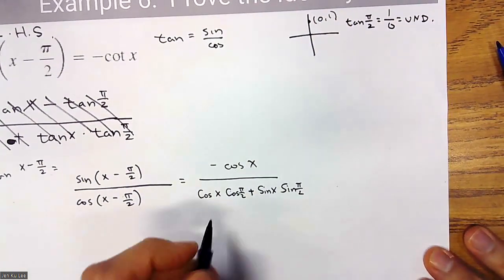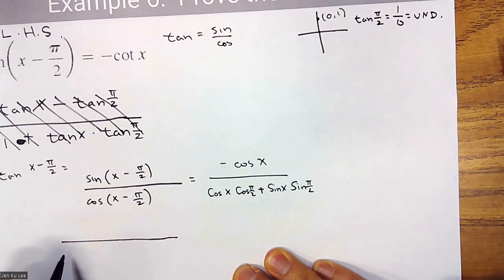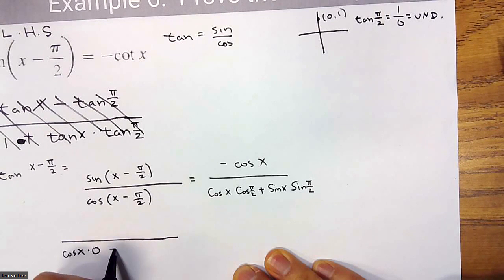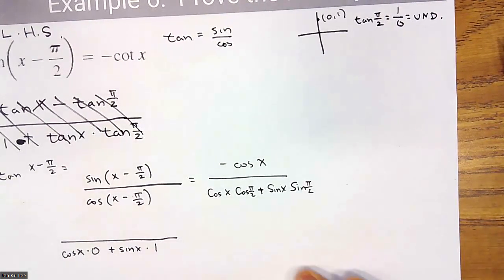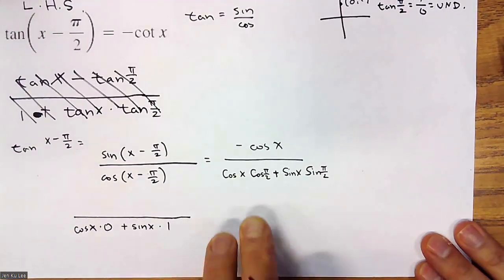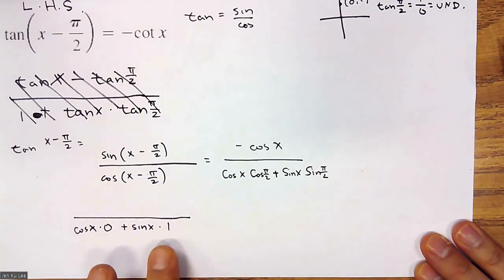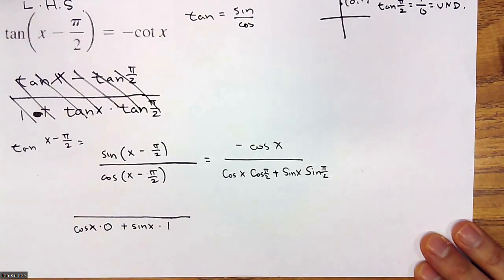So I want to plug in those values into my denominator. I have cosine of x times 0 plus sine of x times 1 in my denominator. If I plug in cosine of pi over 2 and sine of pi over 2, I get 0 and 1.